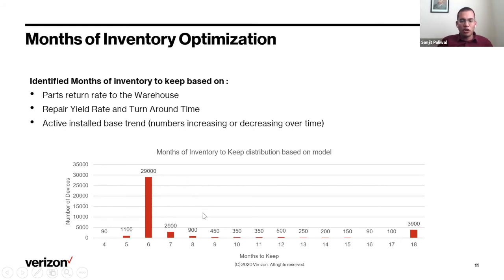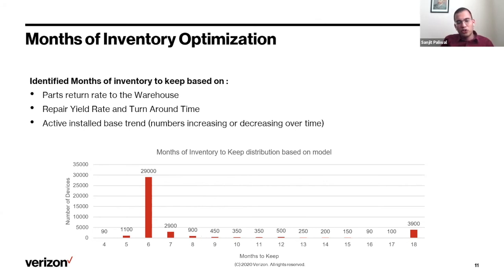As you can see at the bottom, the histogram shows how the months of inventory are distributed for the different devices. Suppose we look at this 7 bar with 2900 value, what it means is that 2900 devices would require 7 months of inventory. Similarly, 900 devices would require 8 months of inventory, and so on.